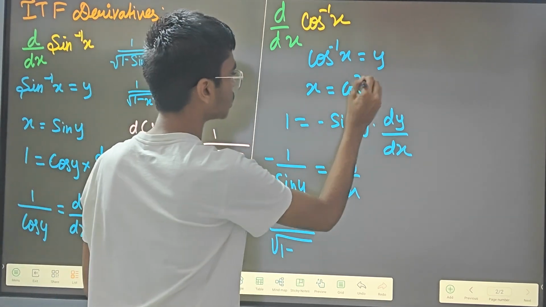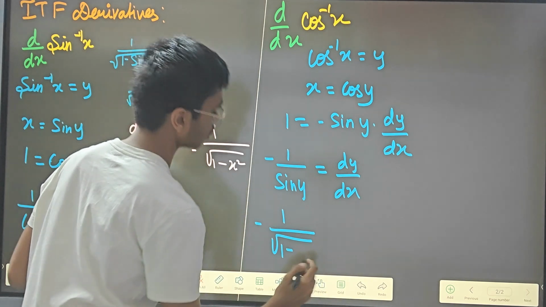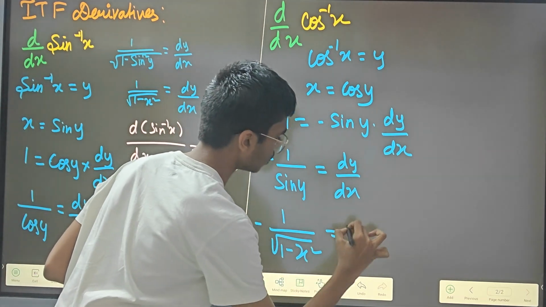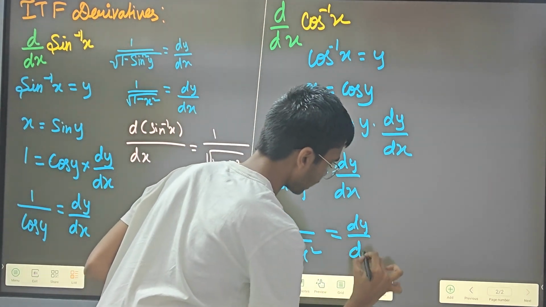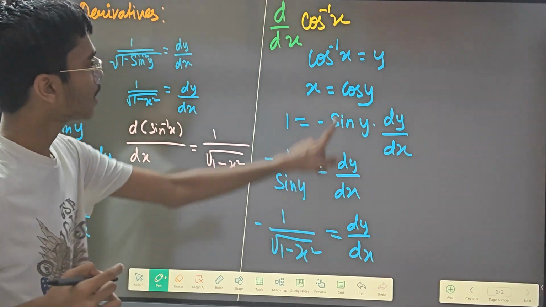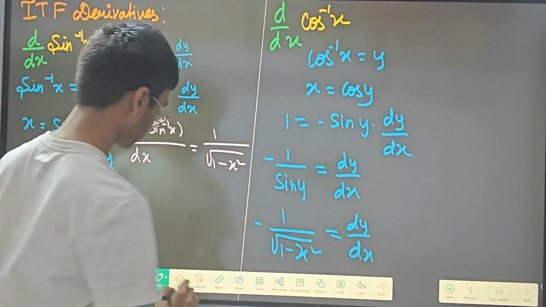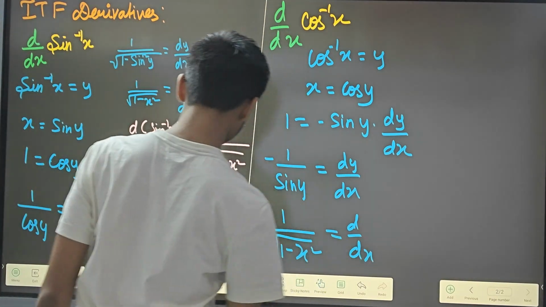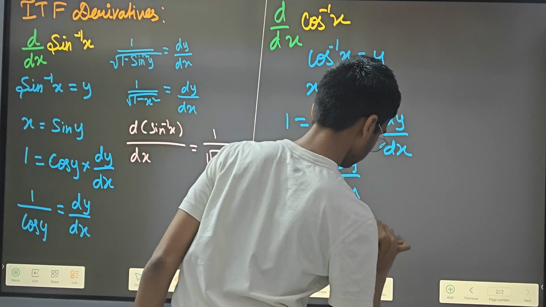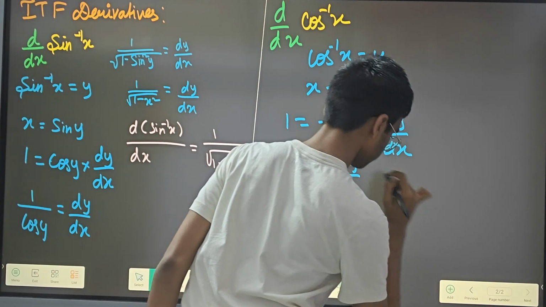Okay, so then dy by dx is equal to minus 1 by root over 1 minus x square. What is the value of y? y is equal to cos inverse x.